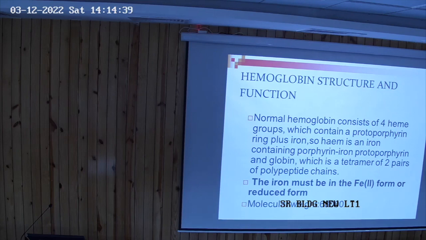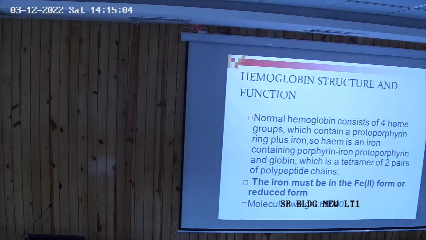Normal hemoglobin consists of 4 heme groups which contain a protoporphyrin ring plus iron. So heme is an iron-containing protoporphyrin 9, combined with globin. And what is globin? It is a tetramer of 2 pairs of polypeptide chains. First, the iron must be in the ferrous form, and the molecular weight is 68,000.